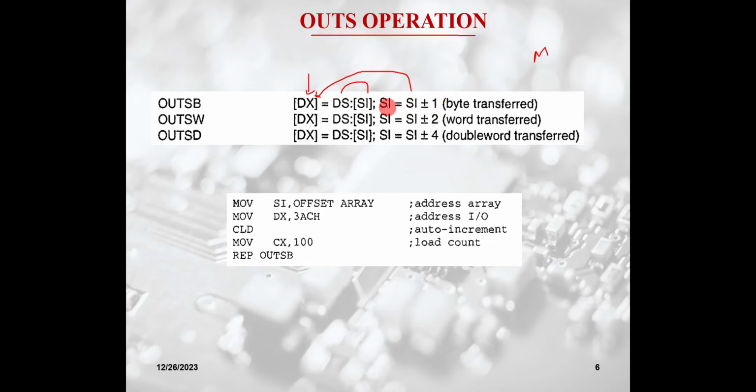It will fetch the data from the memory, put it into some temporary register, and from the temporary register only it can go to the port, okay. That's how the hardware is implemented, okay. So don't just get carried away by these instructions. These are high level instructions, I could call them high level instructions, which are given just to make the writing of the software a bit compact, okay.